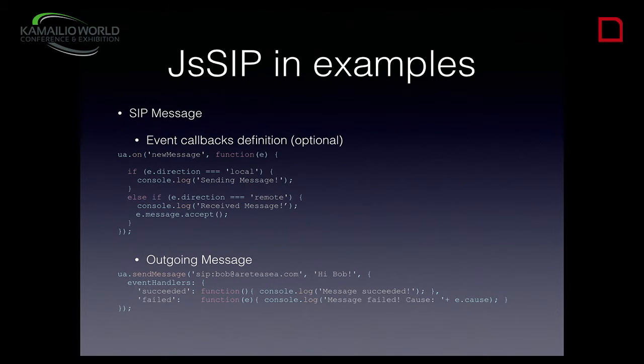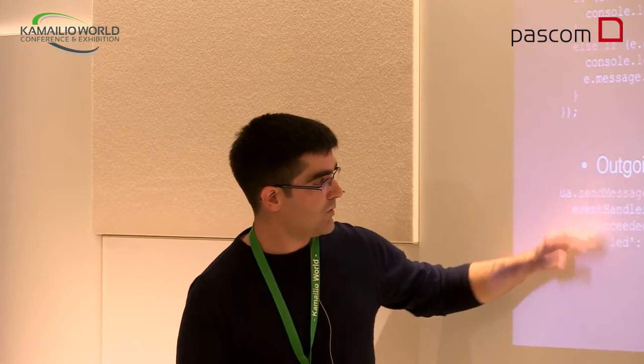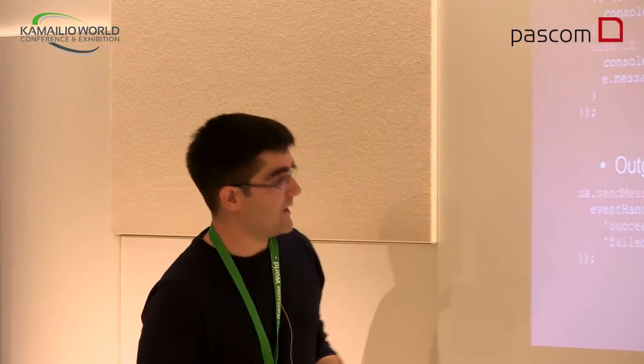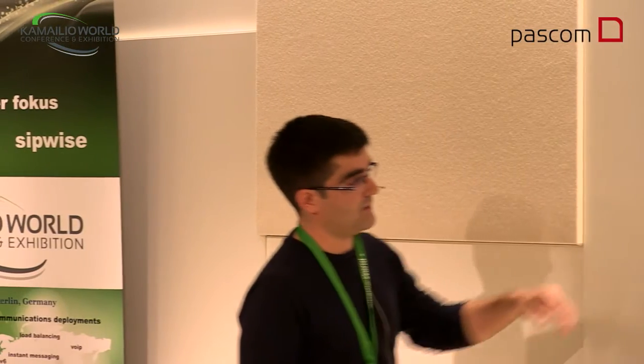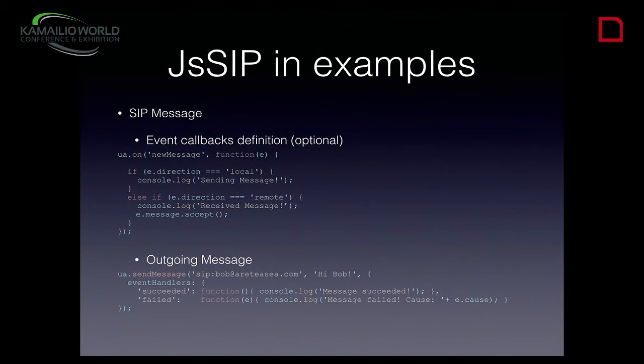In order to send a SIP message, it's quite similar. The event callbacks are always, of course, optional. So we just set the target, the content of the message, and the optional event handlers. We will have a callback executed every time the message has succeeded or failed, based on the SIP answer or based on the transport error.